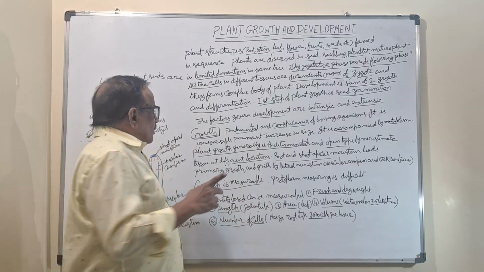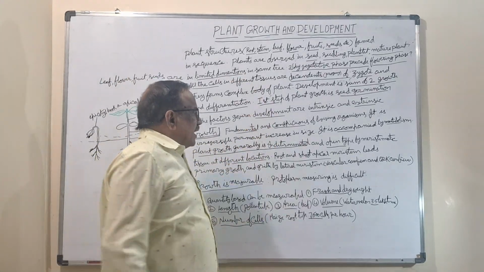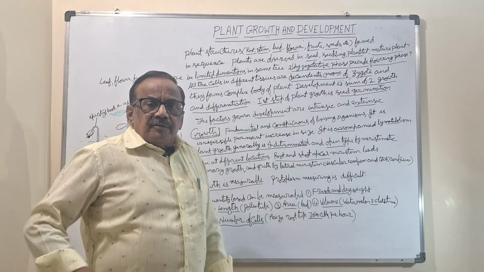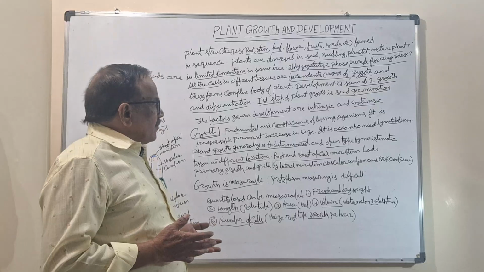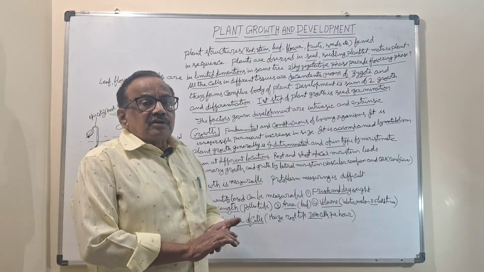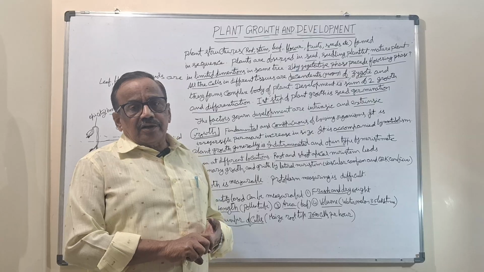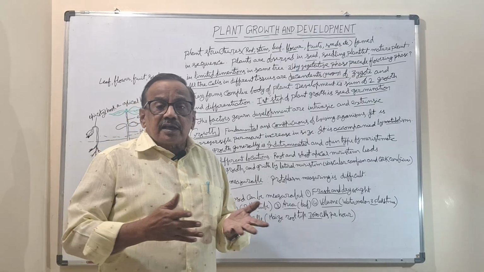That is the growth. So here the thing is the increase in size, and how is this possible? It is possible by metabolism. The cell will grow by metabolism. Metabolism means what? It is anabolic and catabolic.